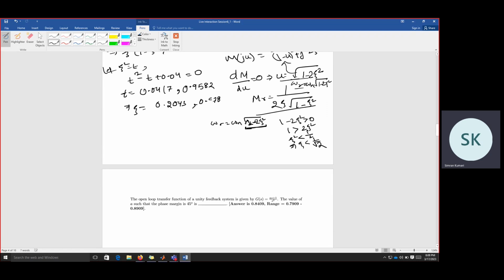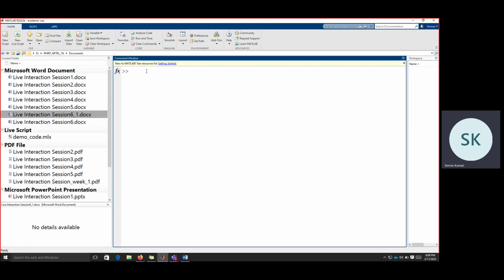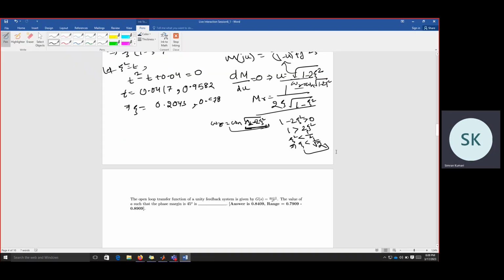Now if zeta is greater than this value, then this will be a complex number. This is not the case because frequency will be a real number. So what is the 1 by root 2 value? This is 0.707. Okay, so we got two values of zeta.